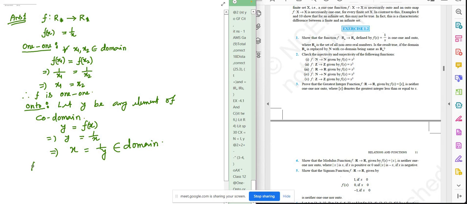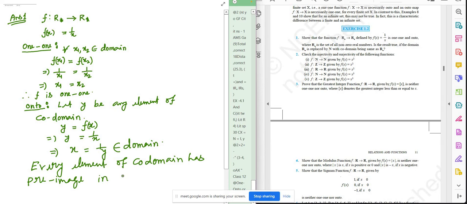That means every element of the codomain has a pre-image in the domain.